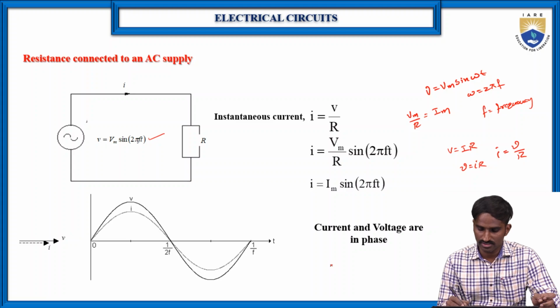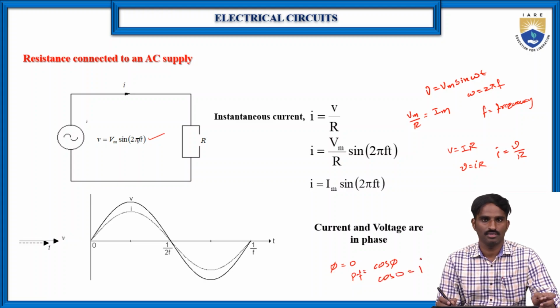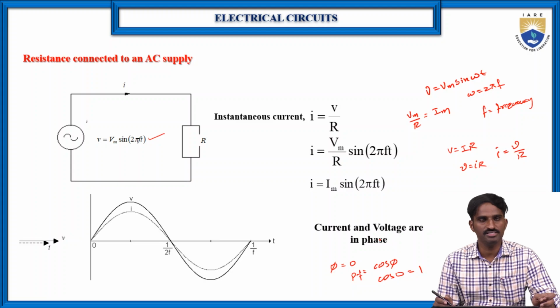Let us consider phi, then phi is equal to 0, which means the power factor is 1. Power factor is nothing but cos phi, so cos 0 is equal to 1. This is the behavior of the AC circuit having pure resistance.